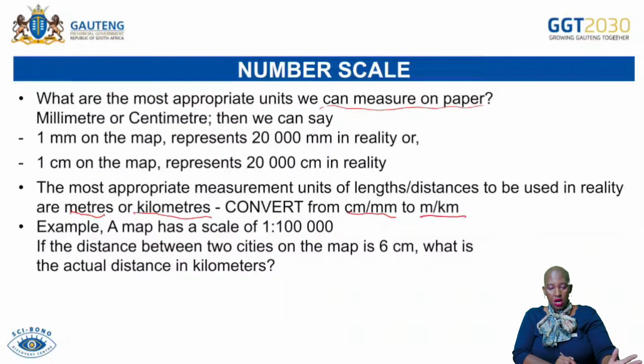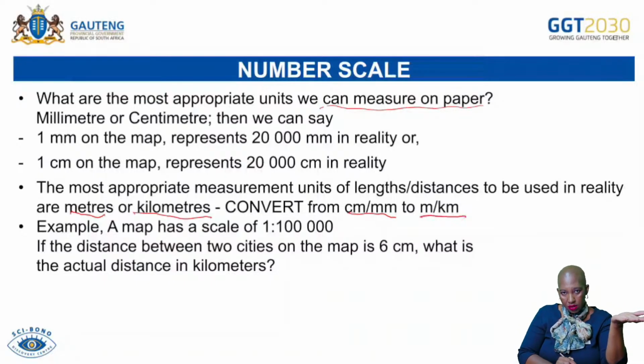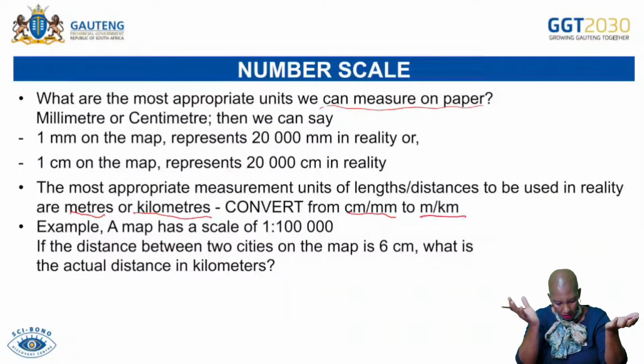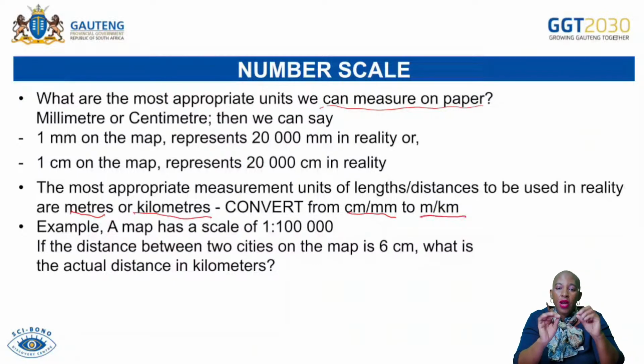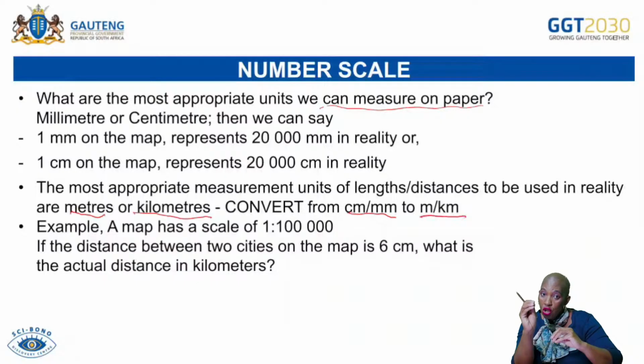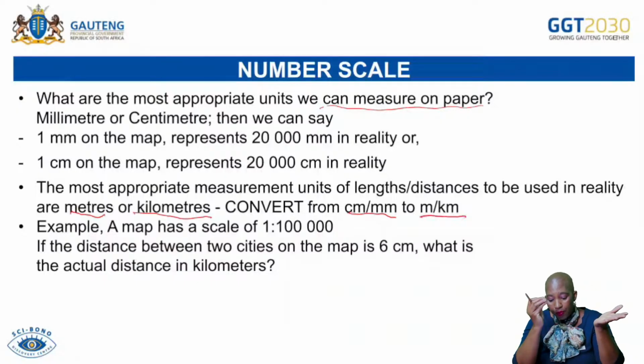So on the map it's 1 centimeter or 1 millimeter equals 20,000 centimeters or 20,000 millimeters. But when it comes to reality, we have to convert those 20,000 centimeters to either kilometers or meters, because that is reality.